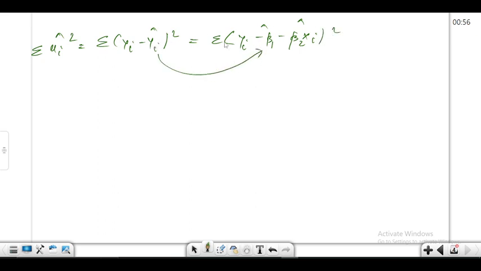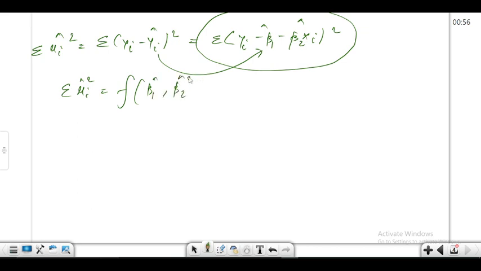From this equation, I see that ui hat square is a function of beta 1 hat and beta 2 hat. This is very evident from this equation itself. So we will use this to find beta 1 hat and beta 2 hat for our sample regression model.